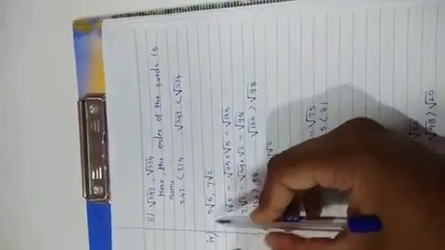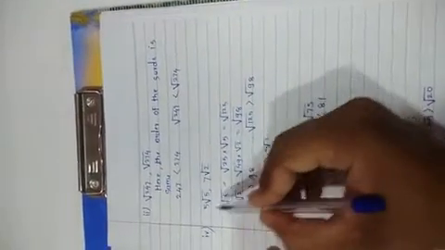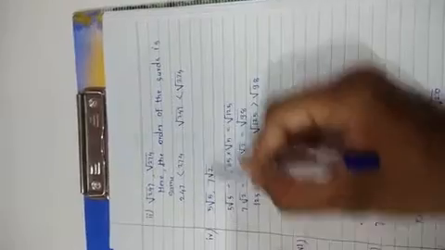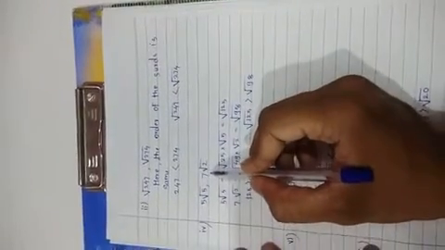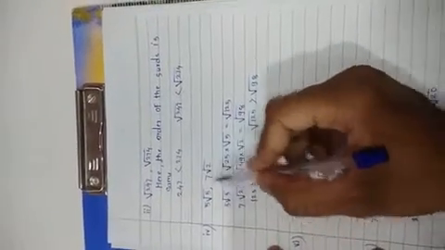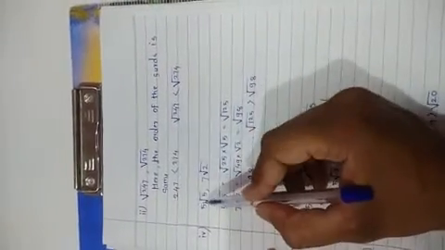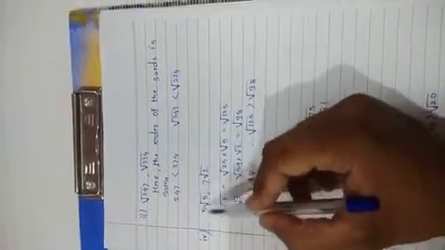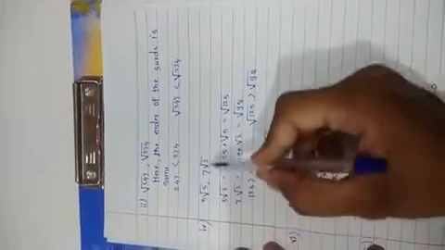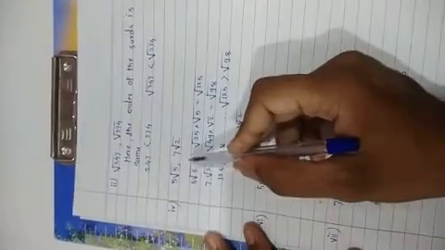Fourth example, 5 root 5 and 7 root 2. Okay, students, here the order is the same but the radicands are different and also the multiplier is different. So we have to simplify it.